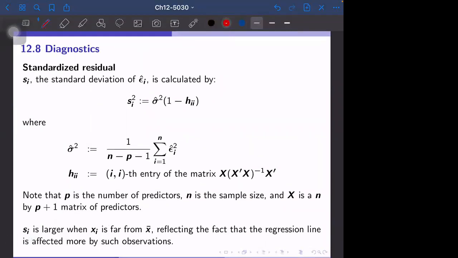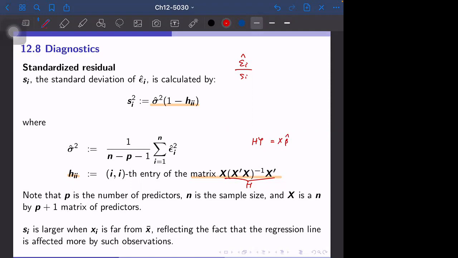So basically, when we have residual epsilon i, we have to divide this by the s_i. And s_i is defined by the estimated variance times 1 minus h_ii. And h_ii is the ii entry of the matrix X (X transposed X) inverse X transposed. So this is called the hat matrix, and actually Hy is equal to X beta hat.